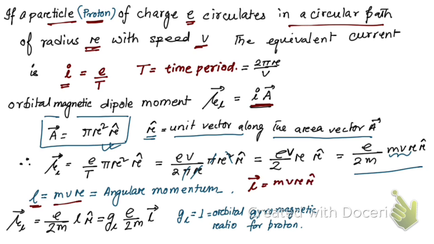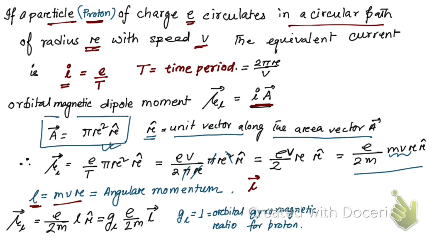So we can replace this by the L vector. Doing so we get this result. This part gives the magnitude L, and with the r cap it gives the L vector.